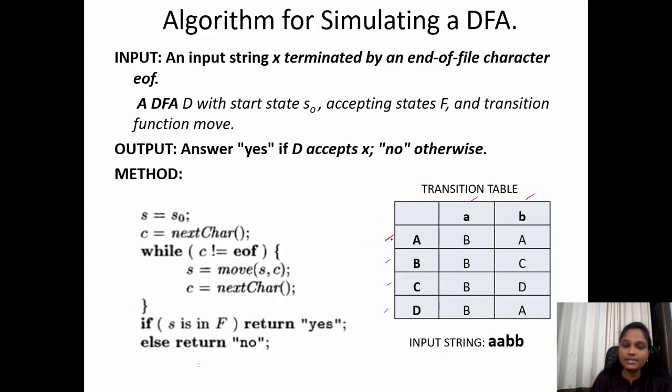In this case, let us take an example where A is the start state, or the initial state, and D is the final state. And we have a set of transitions given here for this DFA. To simulate a DFA, the input required is this transition table.